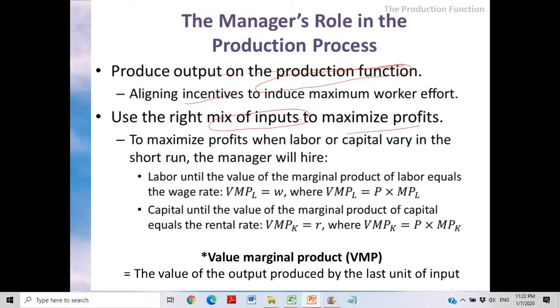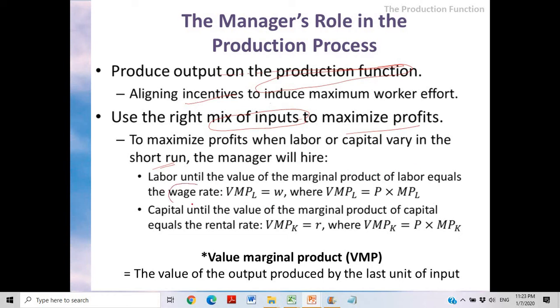In the short run, a combination of inputs means a combination of fixed and also variable inputs. The rule of thumb for the decision is that the manager should hire at a point where the value of marginal product of labor equals the wage rate.